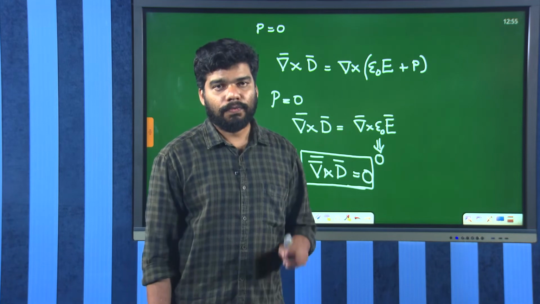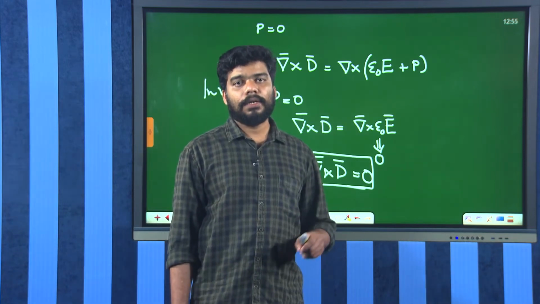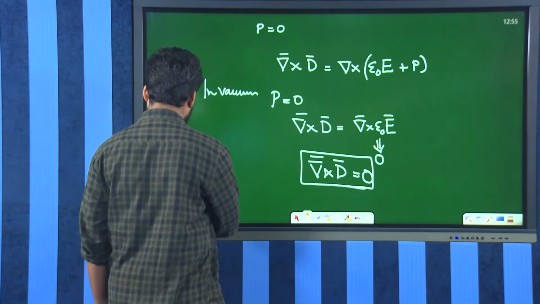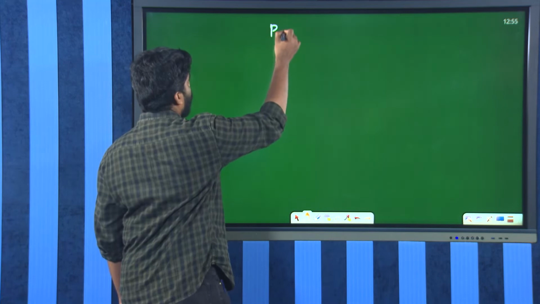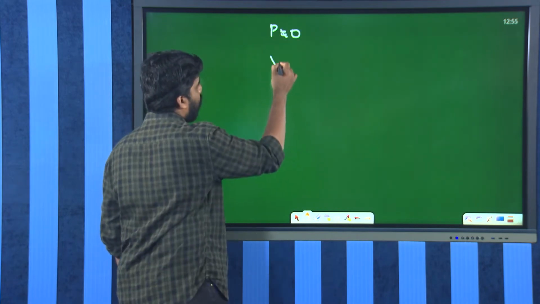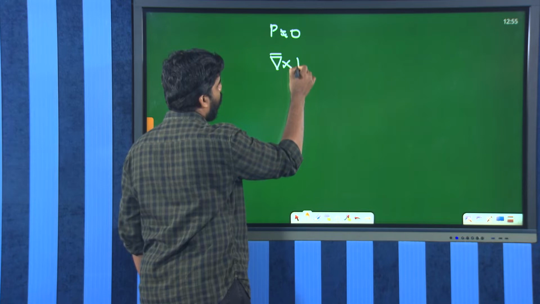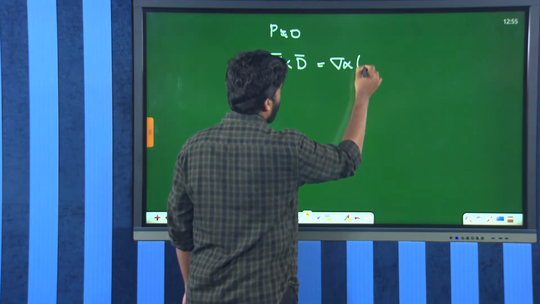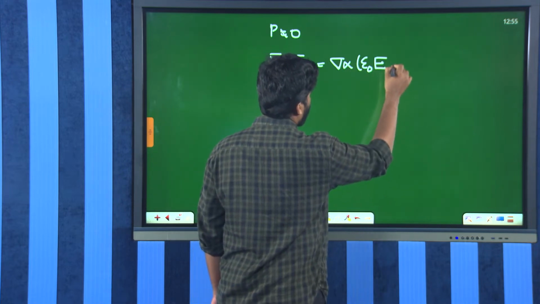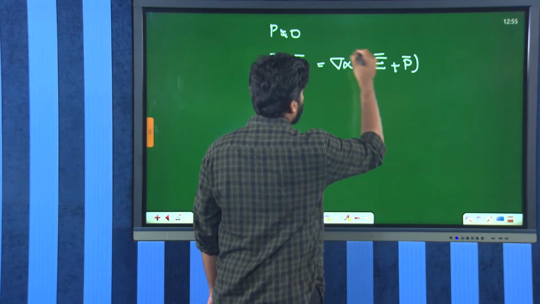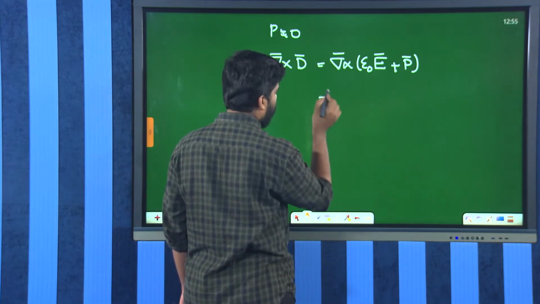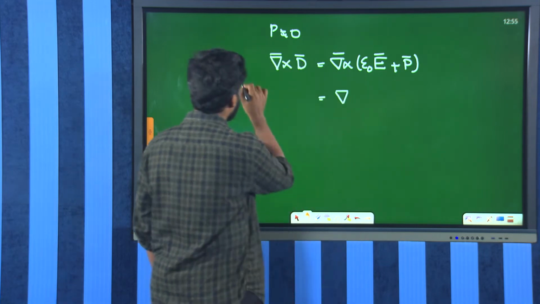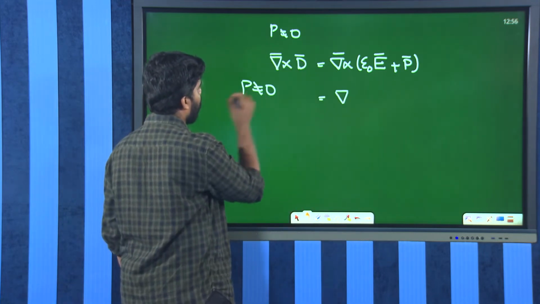Now, we will check what it is for a dielectric medium. We know that in a dielectric medium P is not equal to 0. So, taking curl on both sides, del cross D is equal to del cross epsilon 0 E plus P. Obviously del cross E is 0, and the remaining will be del cross P, since P is not equal to 0 for a dielectric medium.